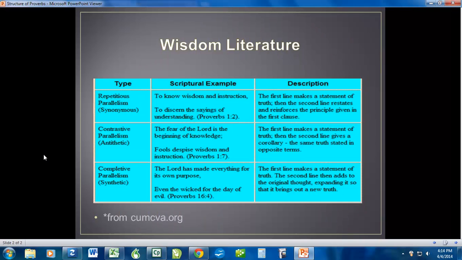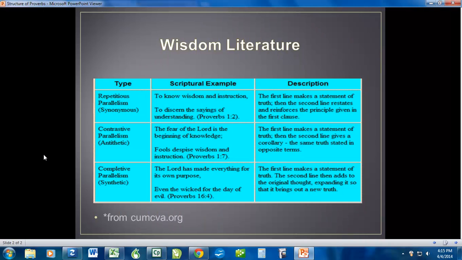And because it's contrasting, you would look at that and say, okay, that first line has something about the fear of the Lord, the second line doesn't. So you could almost imply from that then that they're saying a foolish person has no fear of the Lord, right? So you kind of go back through and look at those. It says fools despise wisdom and instruction, which would mean then, if you're taking a contrasting point of view, that somebody that is wise seeks out these things and cherishes wisdom and instruction, right?